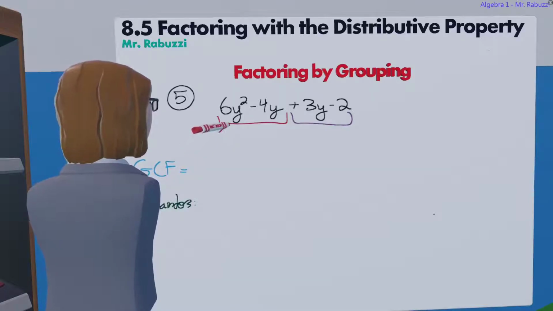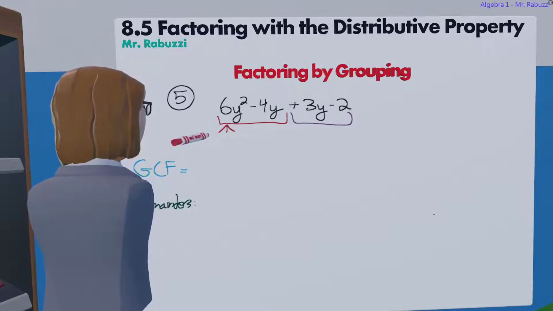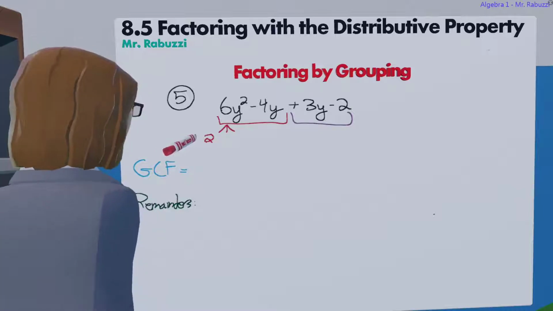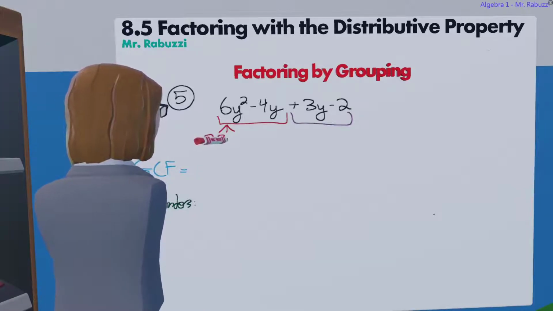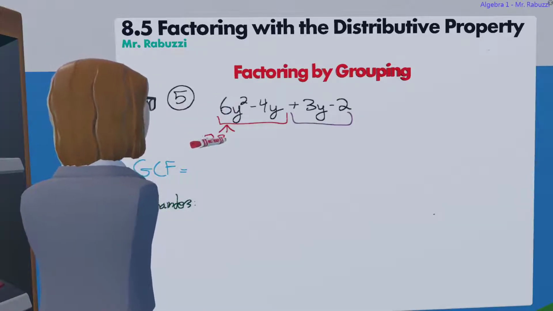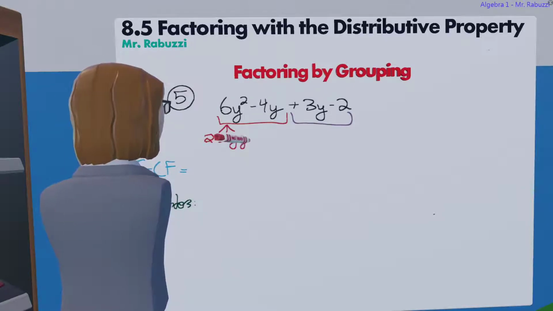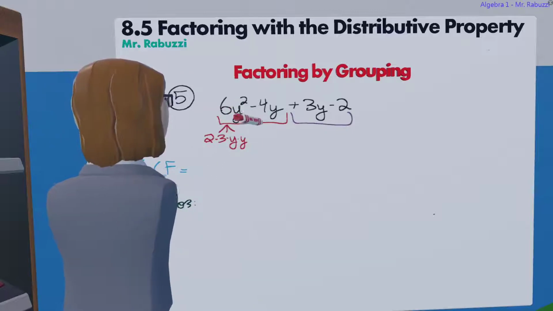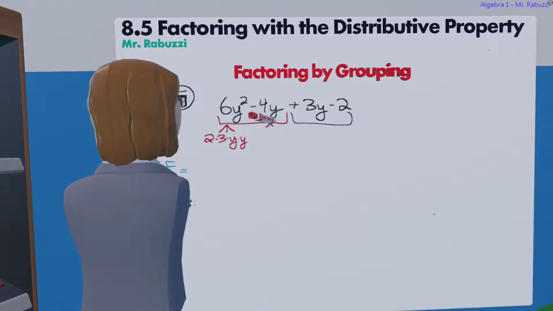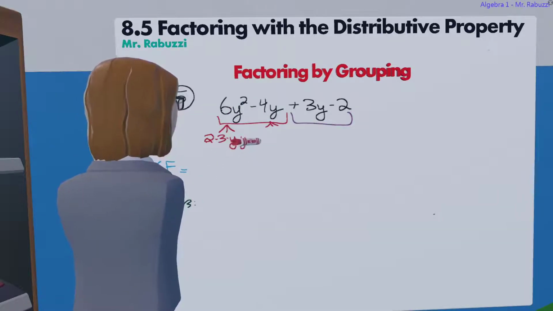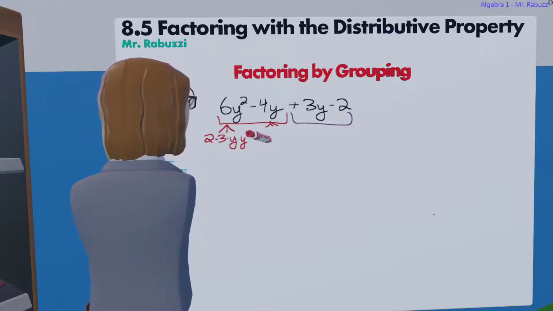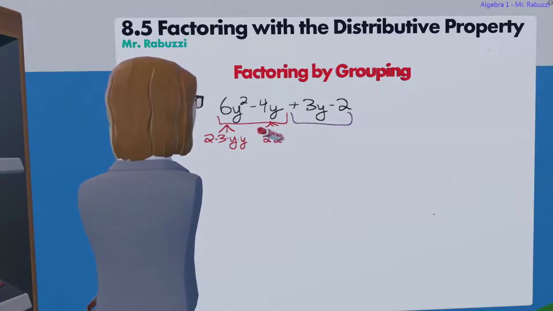So let's factor. 6 turns into 2 times 3. Y squared means that there are two y's in the factors. All right. Now I got to split this 4y. It's going to be 2 times y.